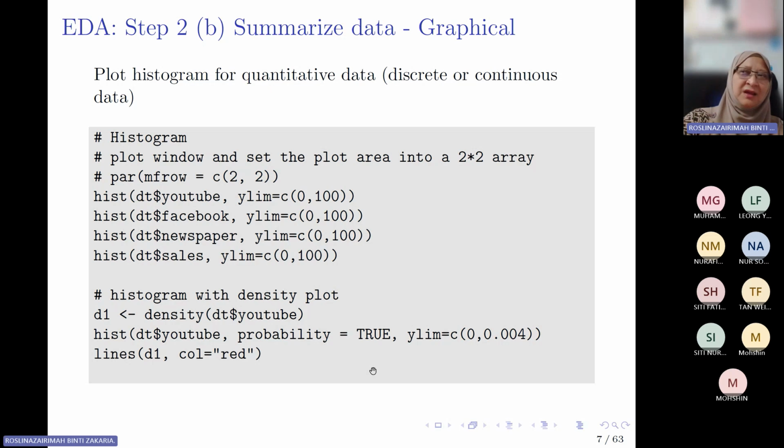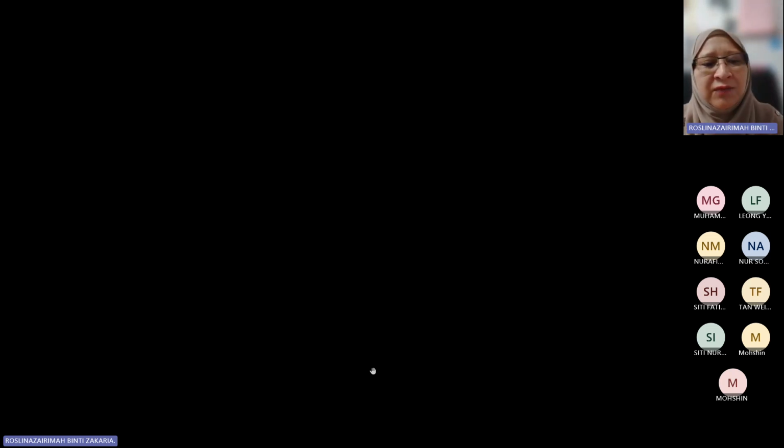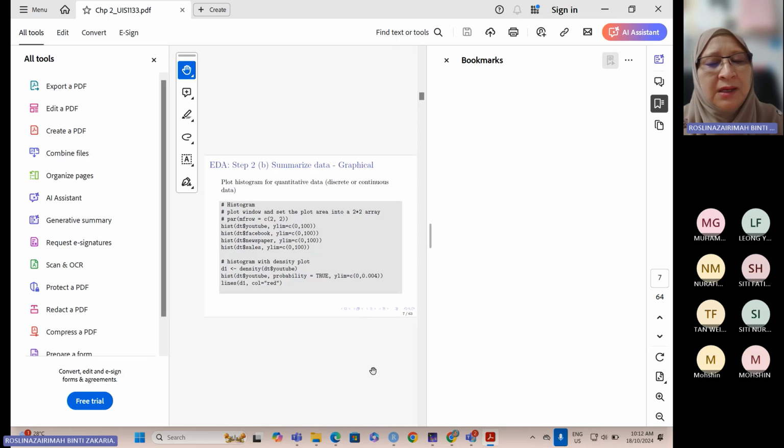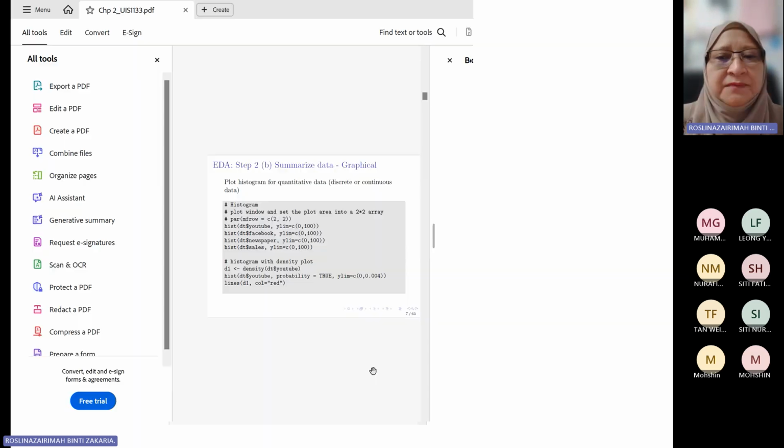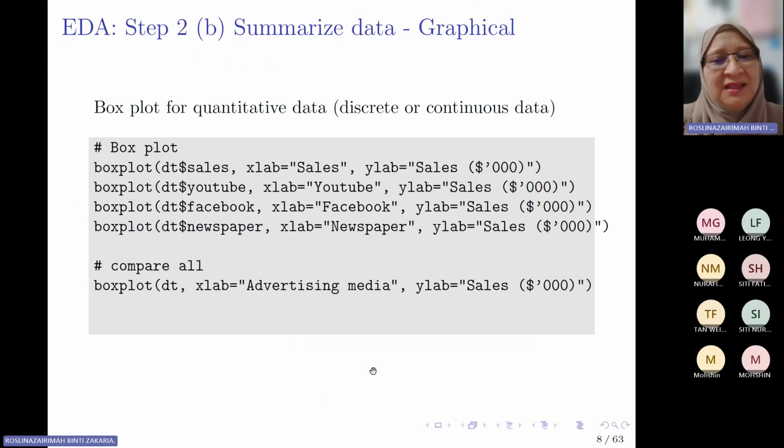You have 4 histograms and you want to overlap them on top of each other. So you cannot see clearly what is in the data. But if you are using box plot, you can see the data in one go. So that is why I like box plot very much.